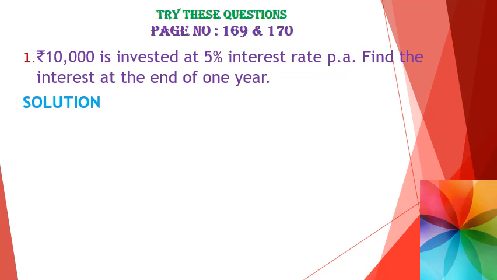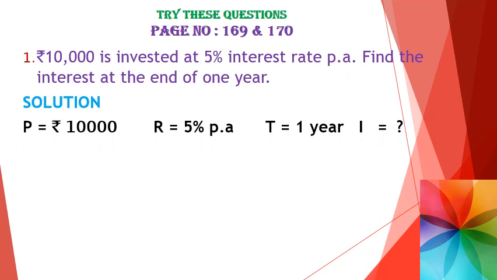So principal P equal to rupees 10,000 at 5% interest rate per annum. That means rate of interest equal to 5% per annum. Find the interest, I equal to question mark, that we have to find out at the end of 1 year. So the time period T equal to 1 year.